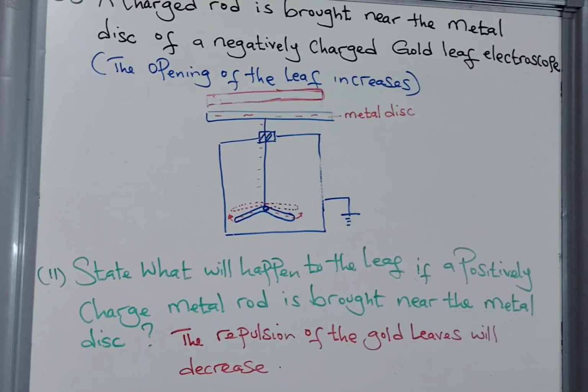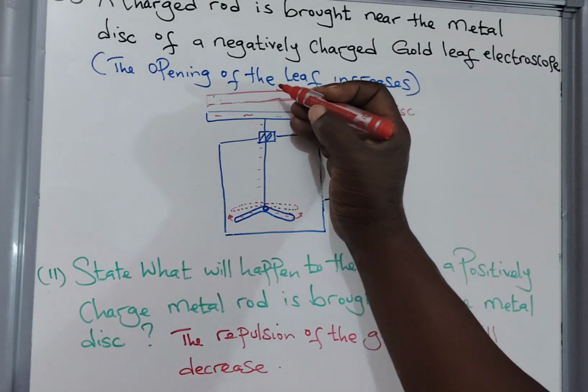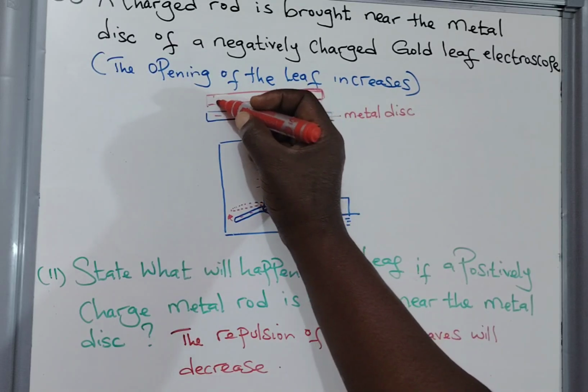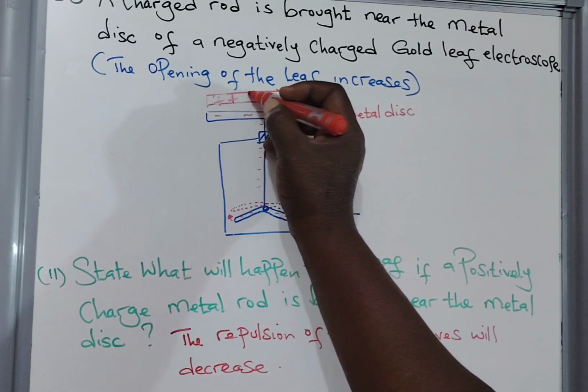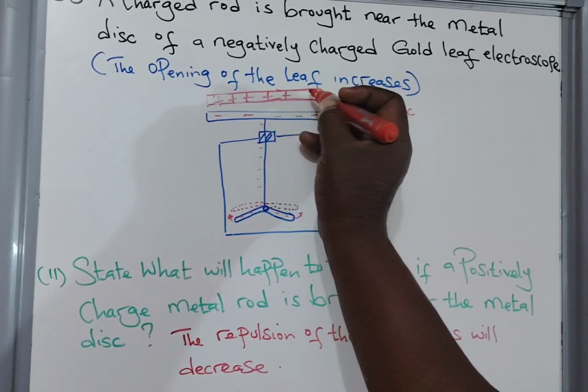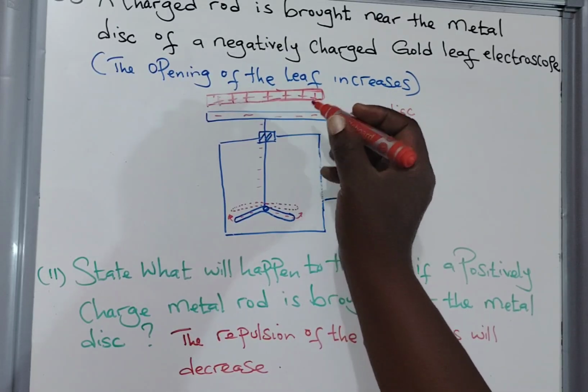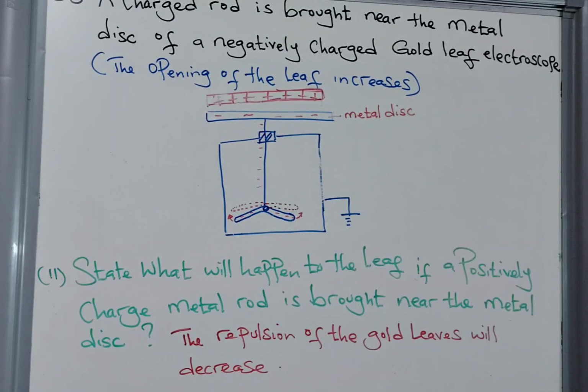Yeah, that is it. So if you have a positively charged rod coming near this negatively charged gold leaf electroscope, the repulsion of the leaves will decrease.